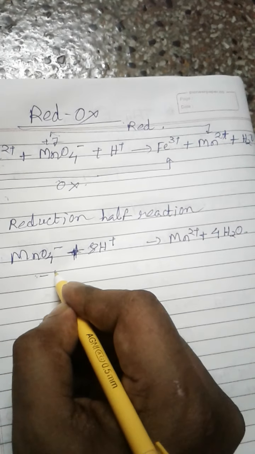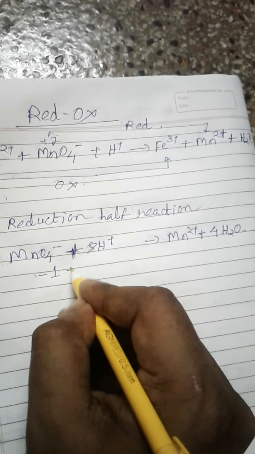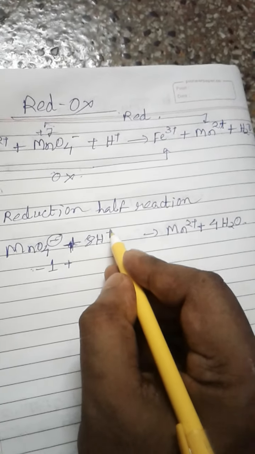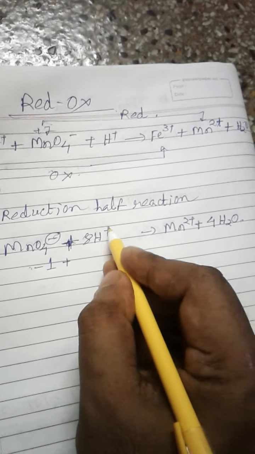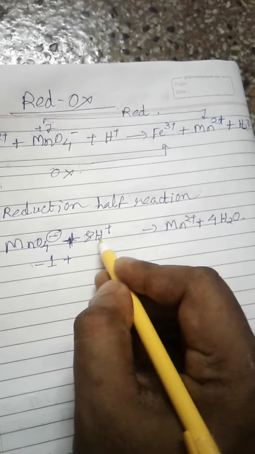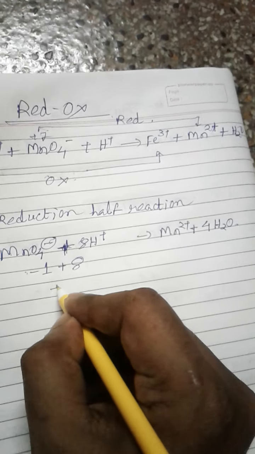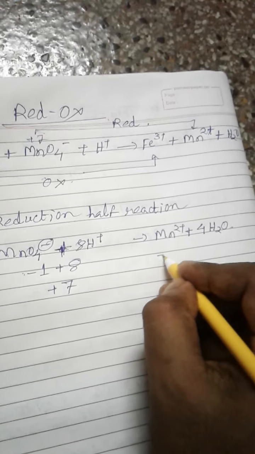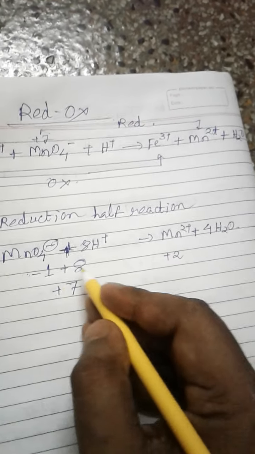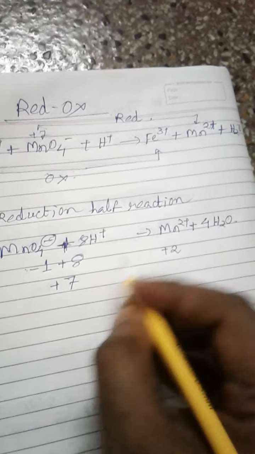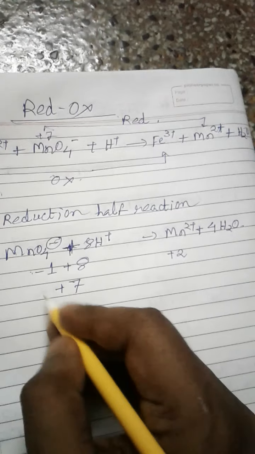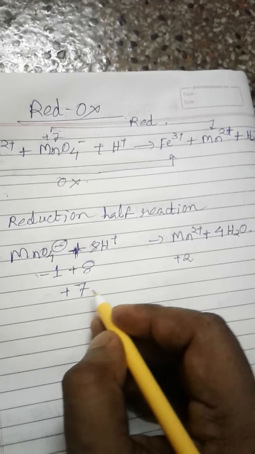Now it turns to charge balance. The charge on MnO4- is -1, and for one hydrogen it is +1, so for 8 hydrogens it is +8. So on the left side the charge is +7, and on the right side the charge is only +2. To balance the charge, we must reduce the charge on the left side by 5.